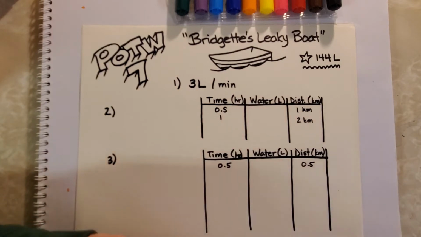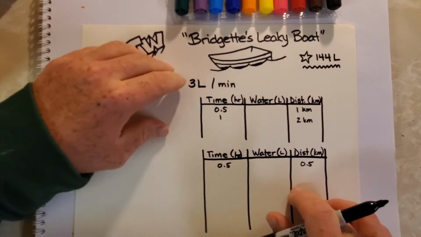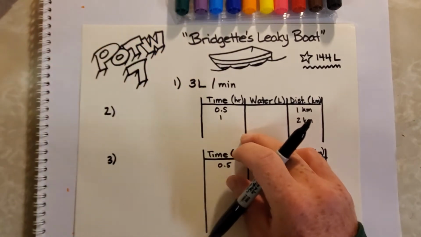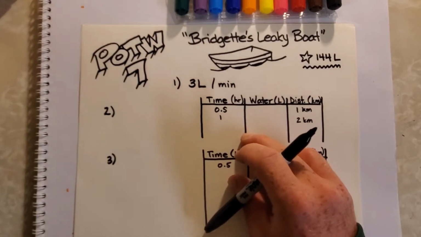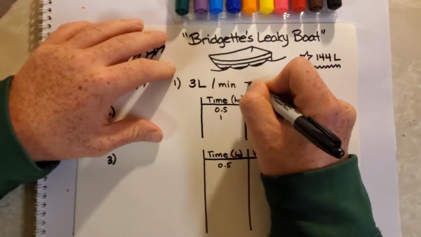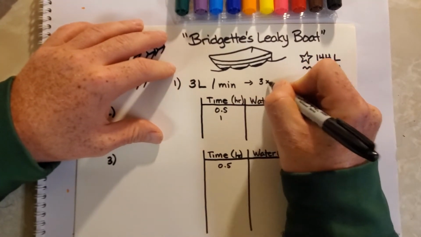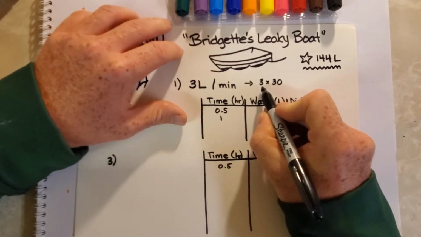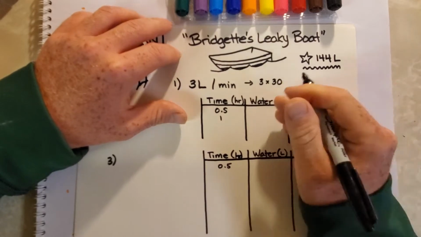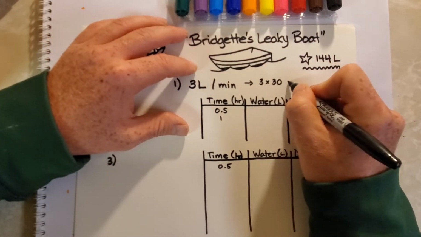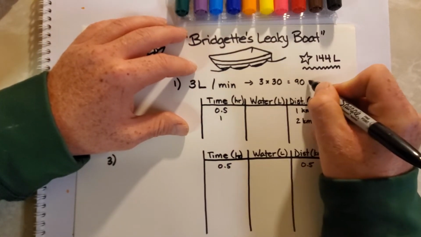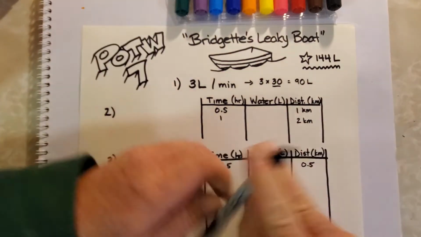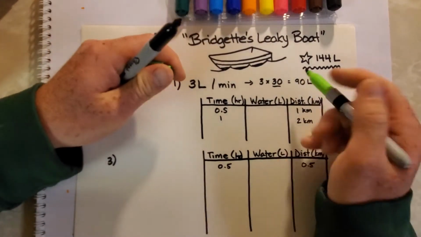So for 30 minutes, all we're going to do is multiply 3 by 30. 3 liters per minute and a 30-minute span of time would equal 90. So in 30 minutes, there would be 90 liters of water.